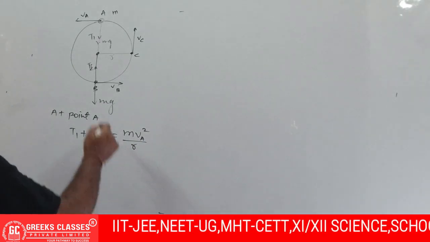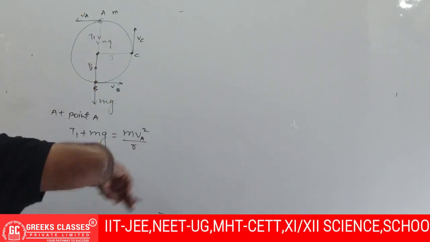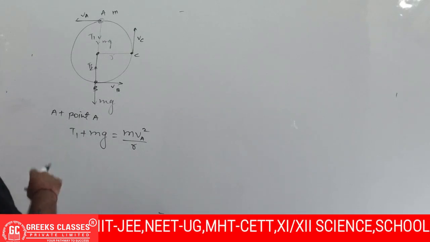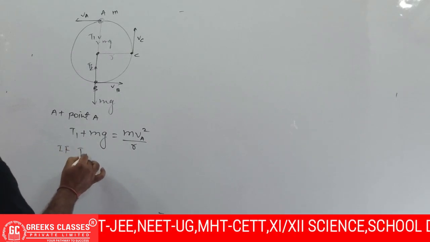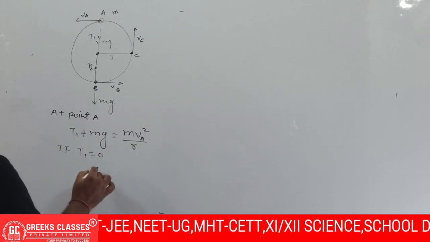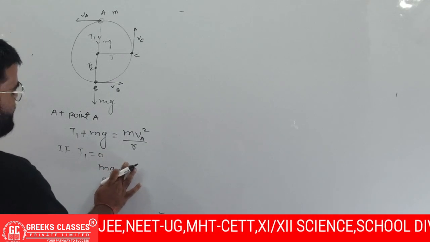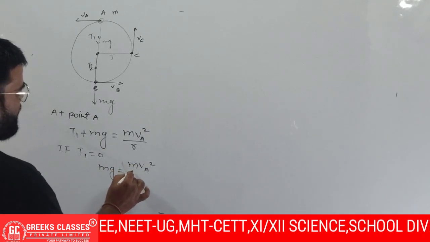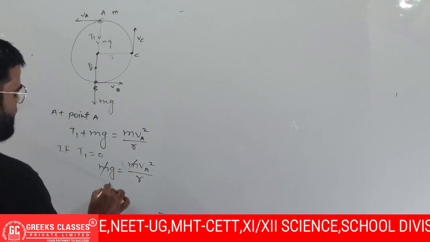Now tell me, if the tension in the string becomes zero, it means it will not continue on the vertical circular track. So the condition is if T1 equal to 0, then mg equal to mVA square upon r. m and m get cancelled.